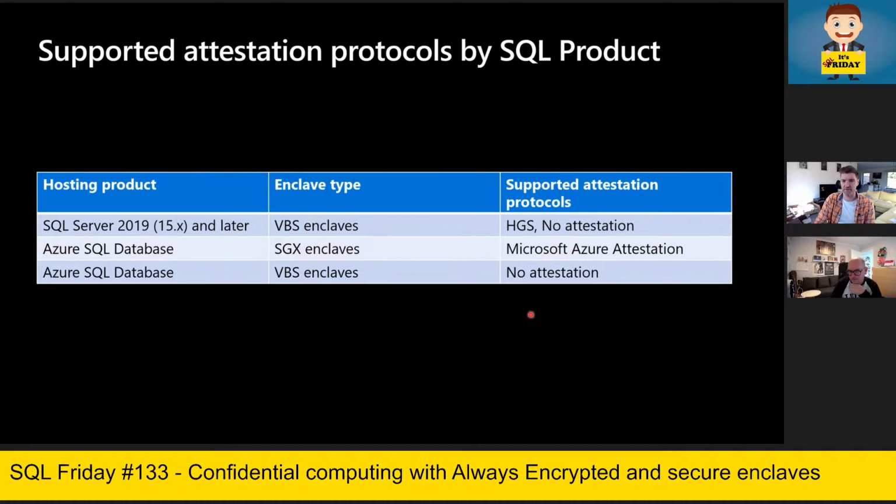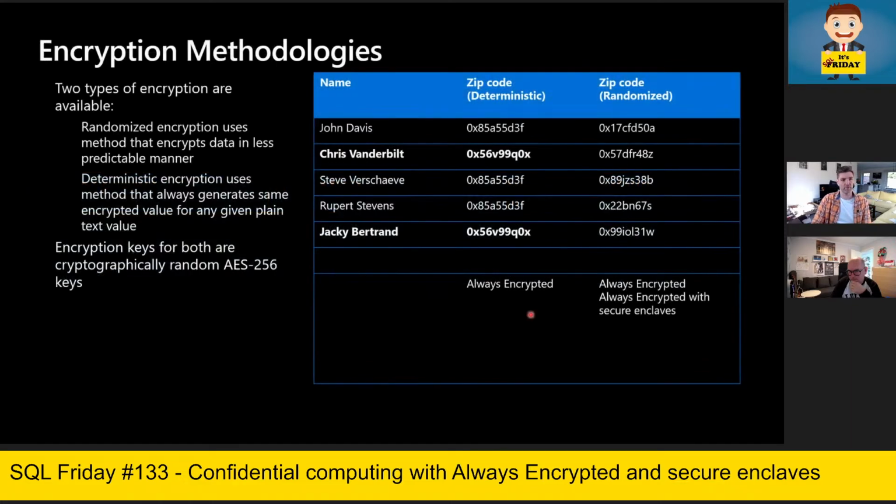Before I jump into a demo, maybe a little bit more about the two encryption methodologies that we have. We have deterministic and we have randomized. What's the difference? Deterministic means that if a value in a specific column is the same, then the encrypted value will also be the same.